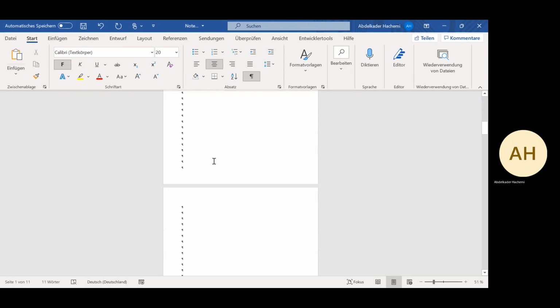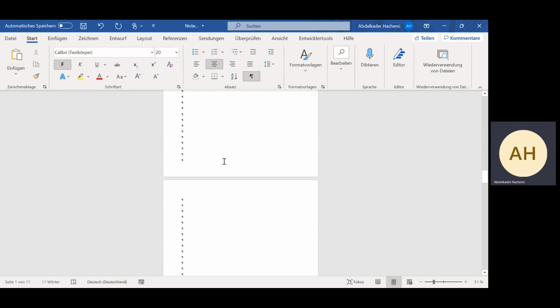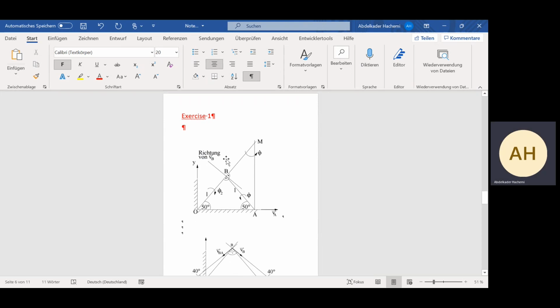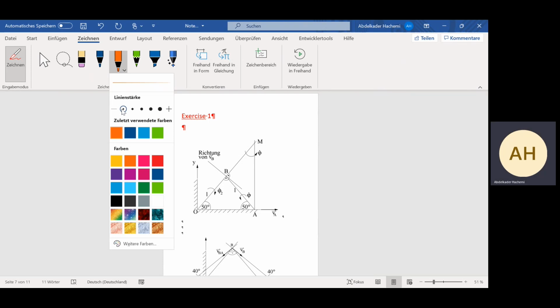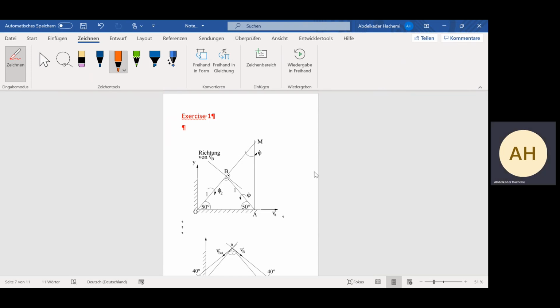If I come to the graphical representation, what we know, VA is horizontal, that means here we have the perpendicular to VA, we have 90 degree here, which gives the line perpendicular to VA.